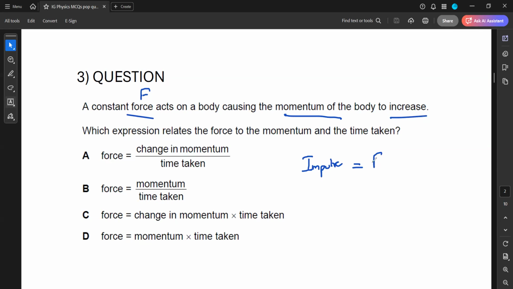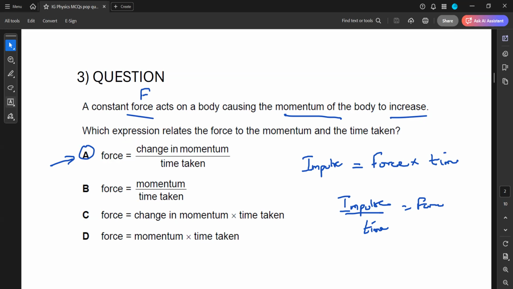What is the impulse? Impulse is a product of force and time. So if you need the force, it will be impulse divided by time. When impulse is divided by time, we call that a force. And what is the impulse? Impulse is a change in the momentum. So when change in momentum is divided by time, we get a quantity, and that quantity refers to force. Is it clear?